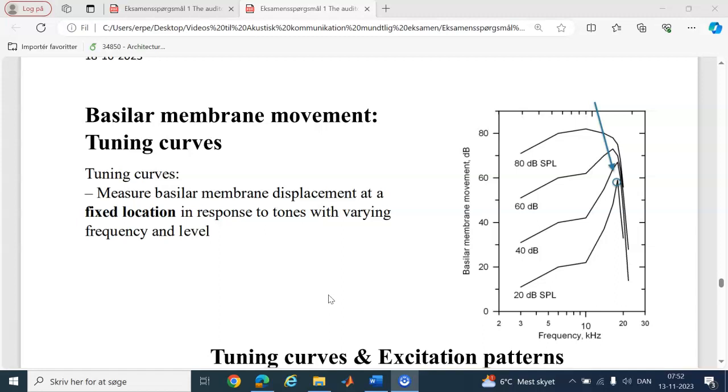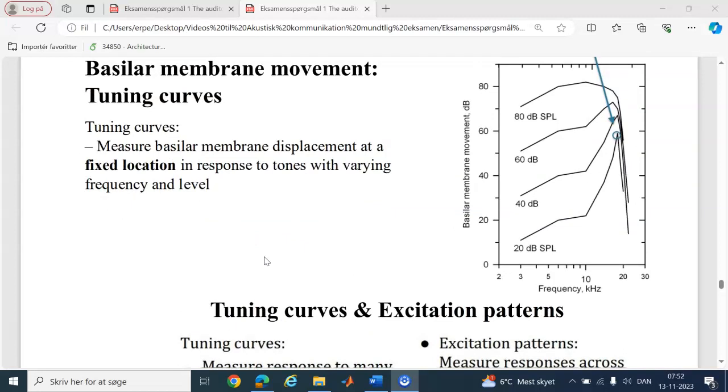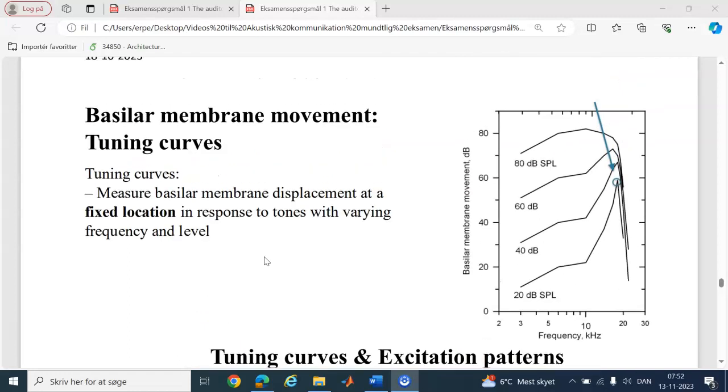There's a so-called spread of frequencies to the left, to the lower side, and on the higher side, there's a very fast slope.